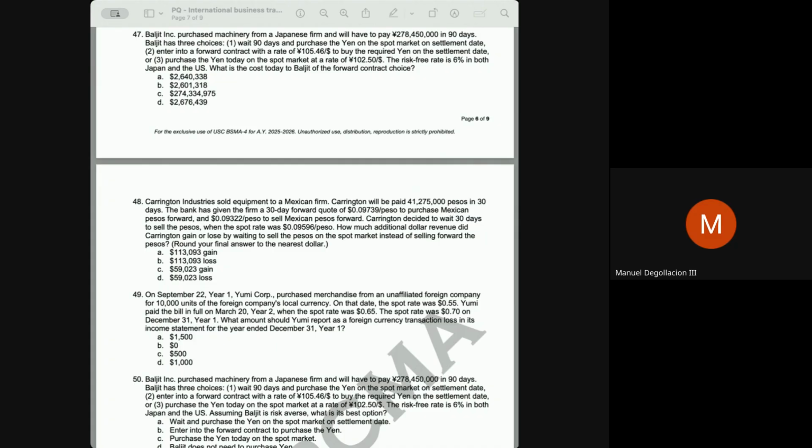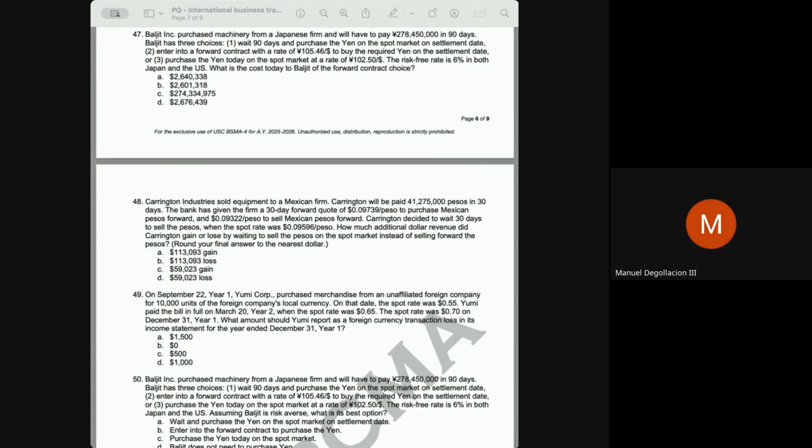If we entered into the forward contract, the amount that we would have gotten, regardless of what the rate would actually be on the collection date, you just multiply 41,275,000 by the agreed price of 0.09322, and that is 3,847,656.